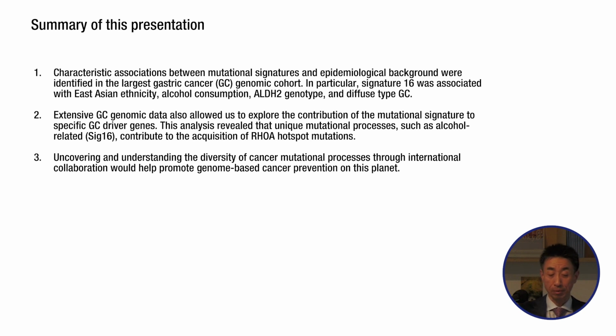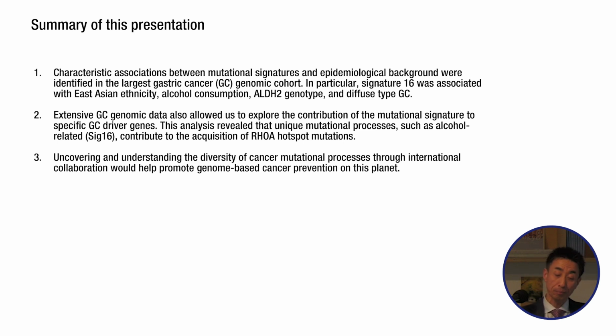So this is a summary of my presentation. First, I showed some background of cancer genomes and mutation signatures, and we applied this technique to gastric cancer, and we found that signature 16 was associated with East Asian ethnicity, alcohol consumption, germline variations, and diffuse type gastric cancer.